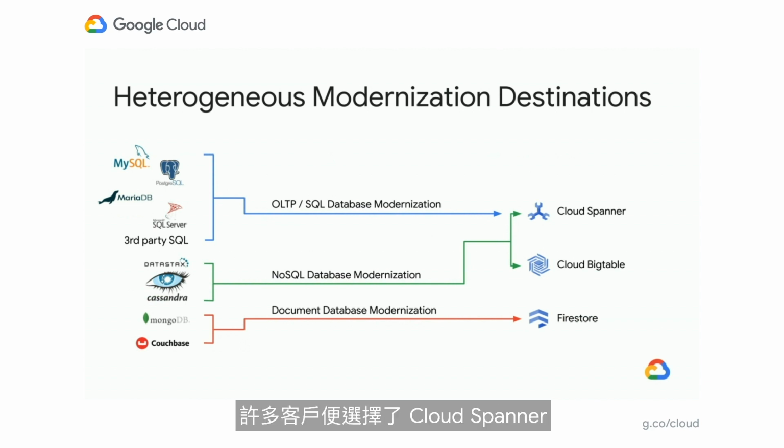So many of those customers are looking at Cloud Spanner as the destination from a relational database. Here, challenges are addressed with scalability. You have an SLA up to 5 nines. You have built-in high availability and disaster recovery. So there are many things that help you make this decision.